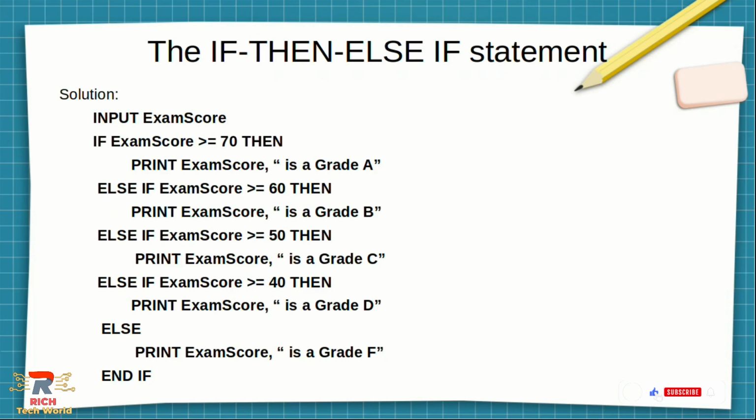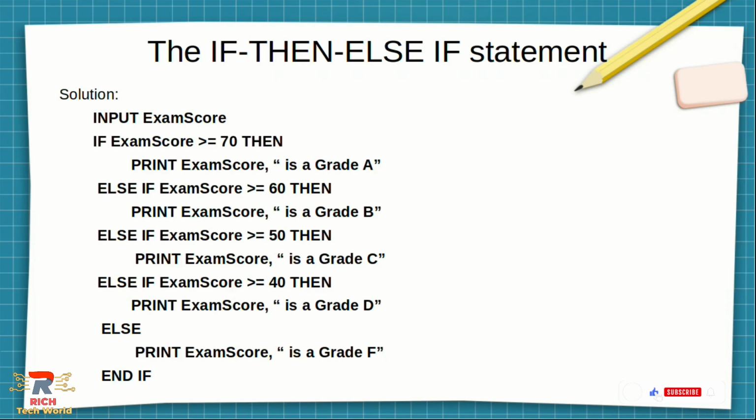Then we print it's a grade A. But if the exam score is not greater than or equal to 70, it moves on to the second statement, else if the exam score is greater than or equal to 60, then it prints the statement in there. But if the exam score is not greater than or equal to 60, that particular action is not performed.